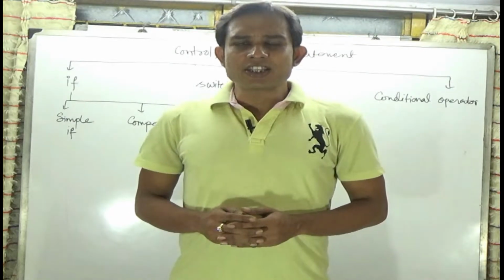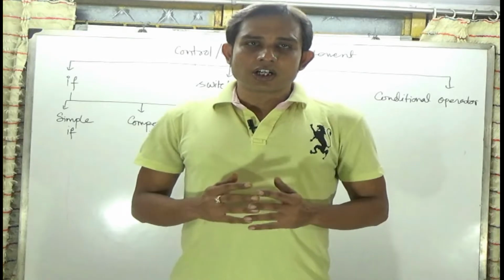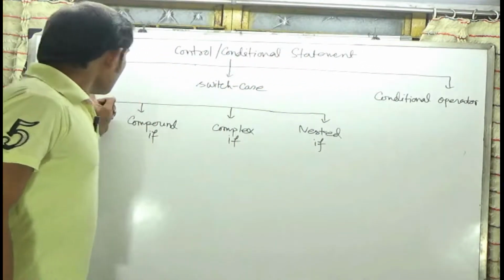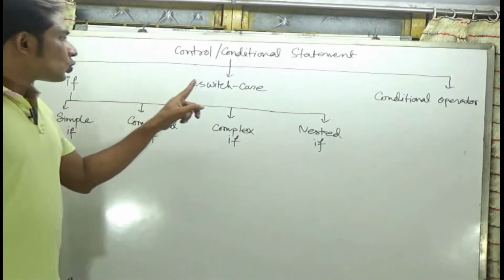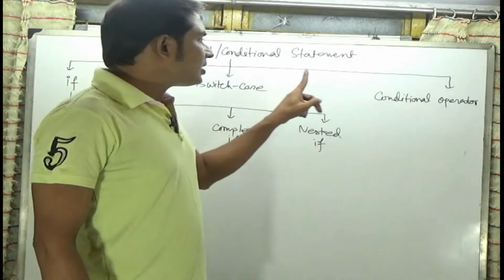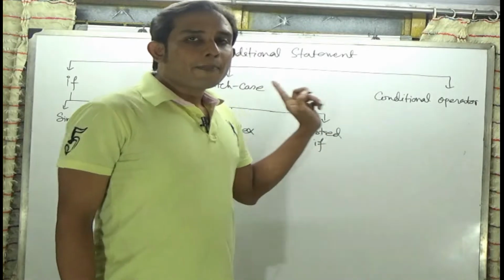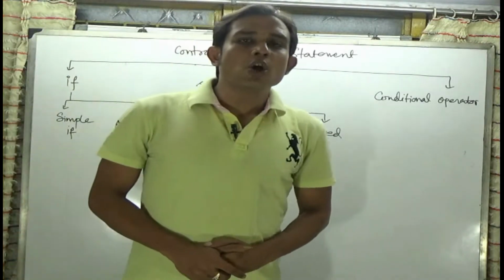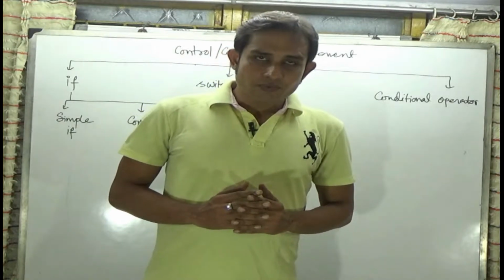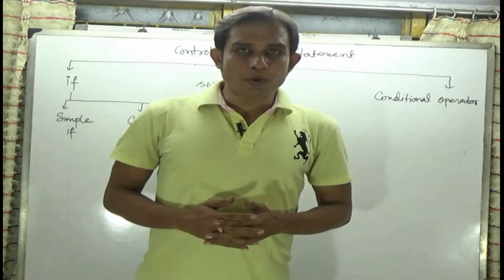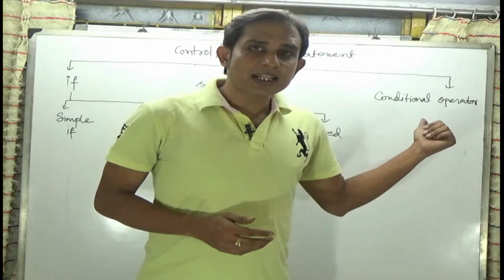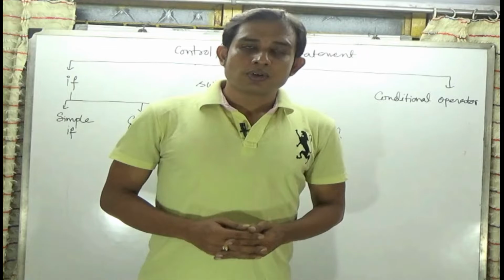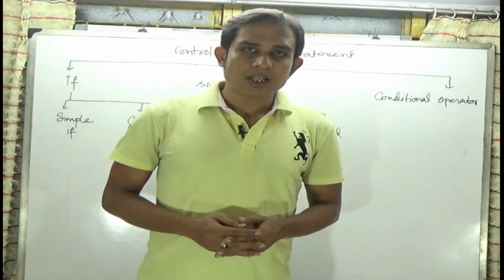In programming language there are three types of control or conditional statement, and they are the if statement, switch case statement and conditional operator. By using the if and switch case statements, we can control the flow of a program, and by the conditional operator we can also control the flow of a program.